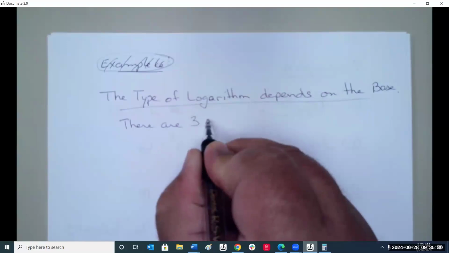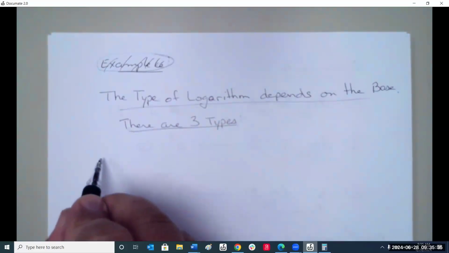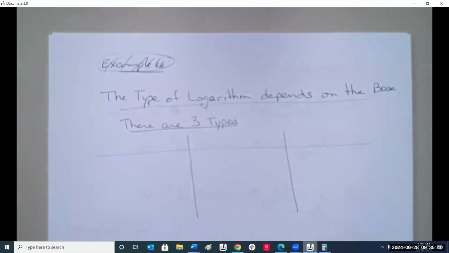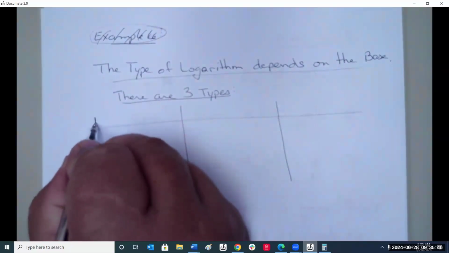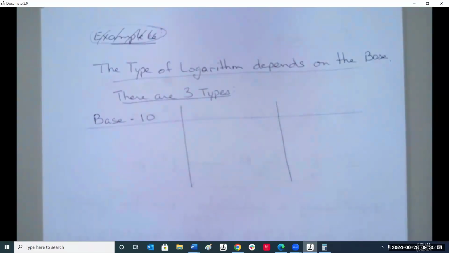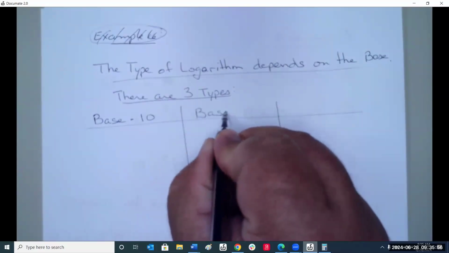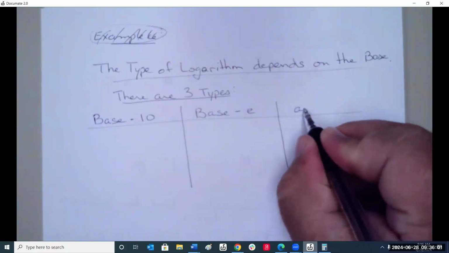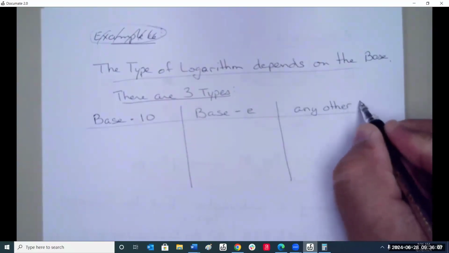There are 3 types. We have base 10, base E, and any other base.